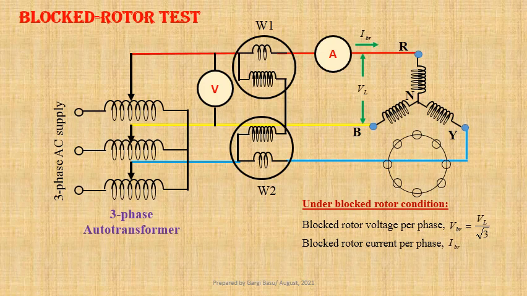Taking summation of 2 wattmeter readings, we get input power PBR equals W1 plus W2. Since under blocked-rotor condition, rated current flows through the stator and rotor windings, PBR is the measure of full load copper losses. That is, PBR equals IBR square into Req, where Req equals R1 plus R2 dash.